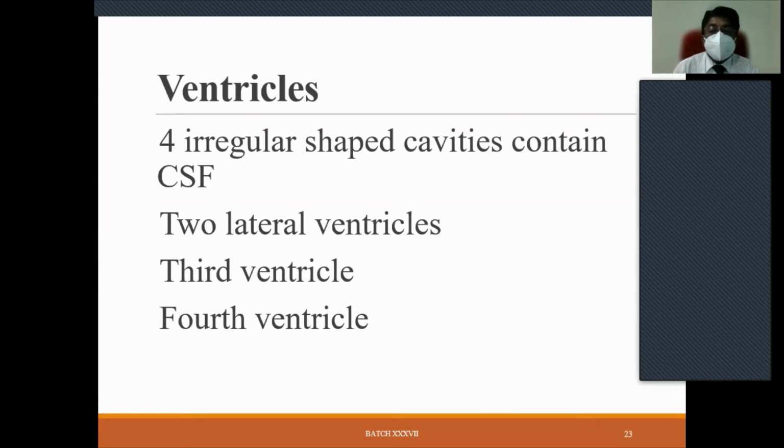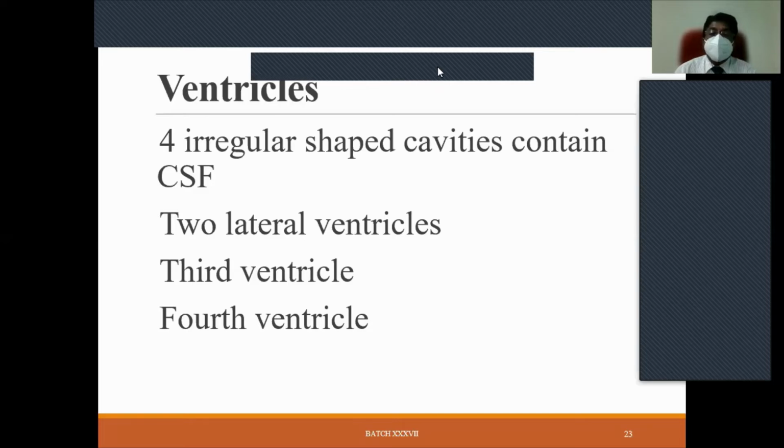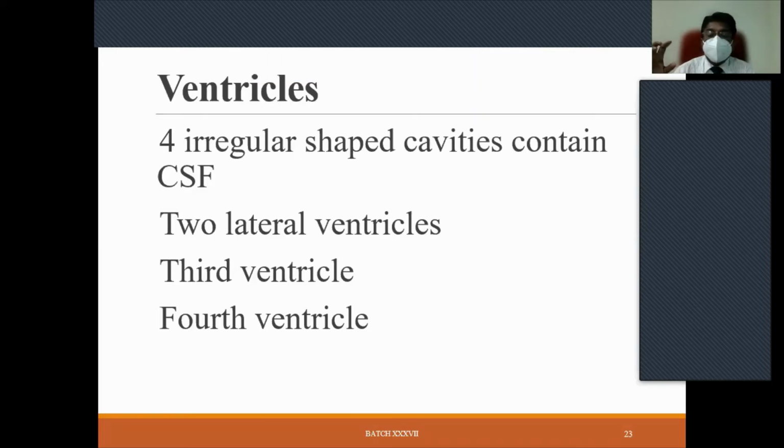These four irregular shaped cavities are the two lateral ventricles, the third ventricle, and the fourth ventricle. So you will realize that these irregular shaped cavities are named as two lateral ventricles, the first lateral ventricle and the second lateral ventricle. Then you have the third ventricle and the fourth ventricle.